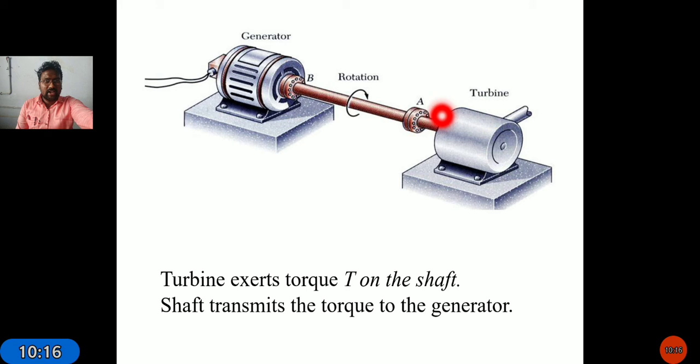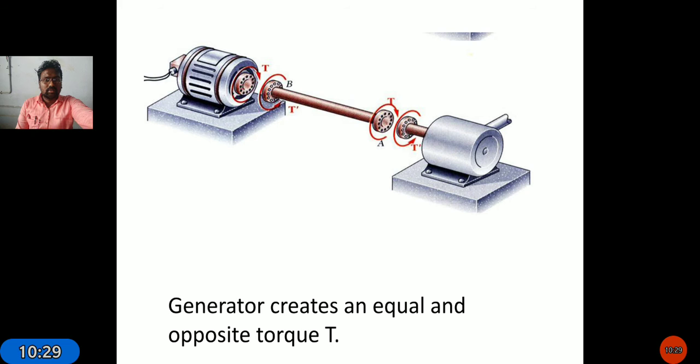In this case, point A and point B develop some amount of twisting moment due to the torque applied at the turbine, and the generator creates an equal and opposite torque. The same amount of torque developed at the input will develop on the generator side, so the same amount of power is transmitted from input to output.